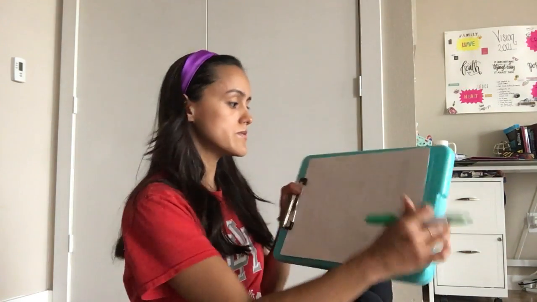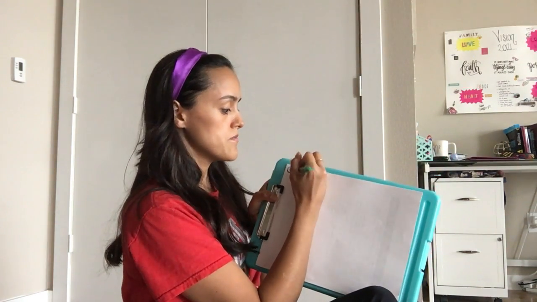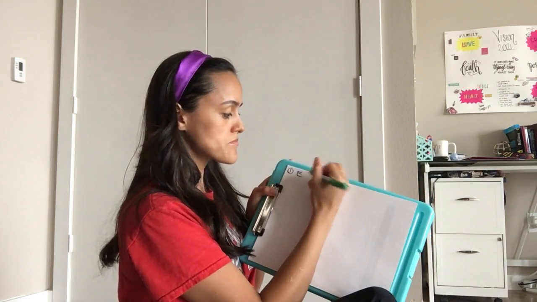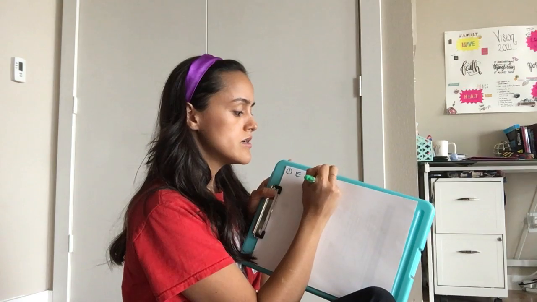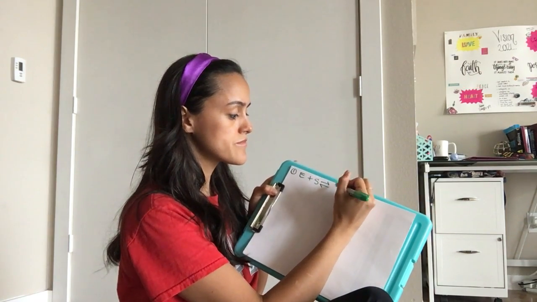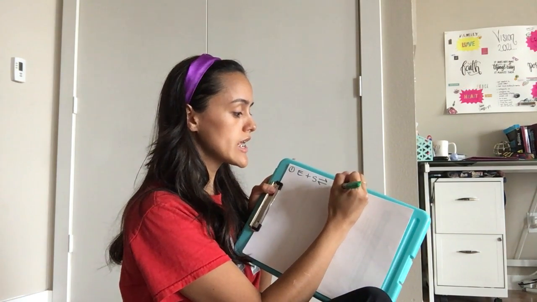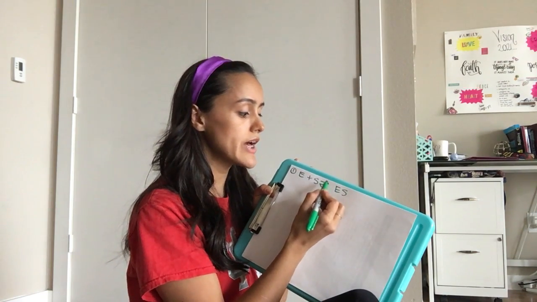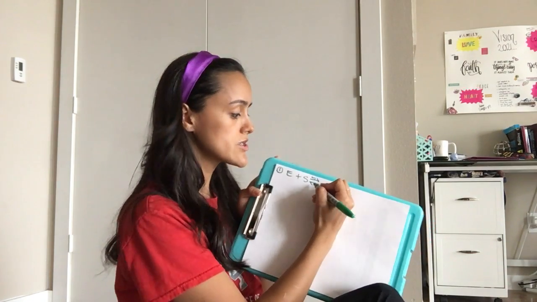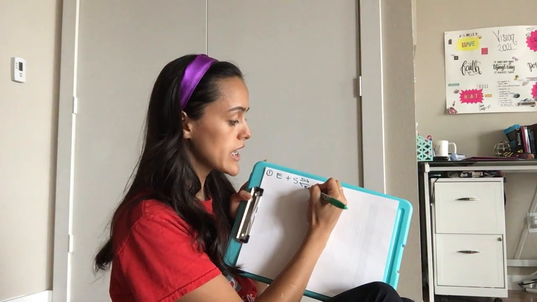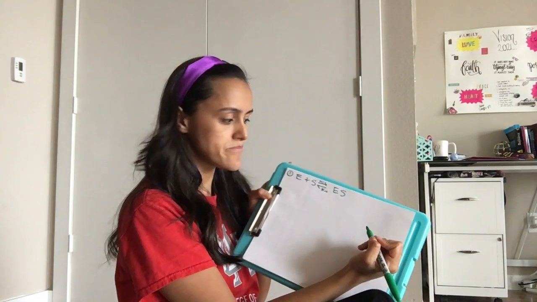First we're going to start with our enzyme plus our substrate, which is going to give us an enzyme substrate complex. This forward reaction is labeled as K1. This reverse reaction is labeled as K minus 1.